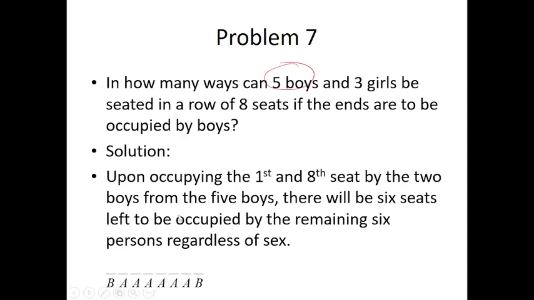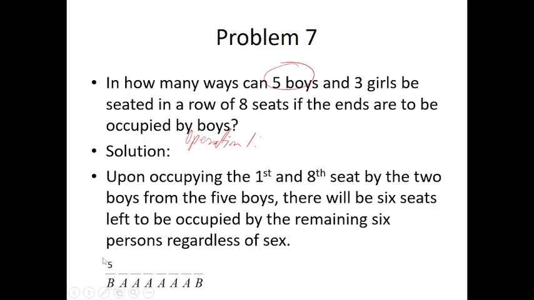Now, therefore, we start with the first seat. Since there are 5 boys all in all, and we are to perform operation number 1, selection of a boy to be placed at the first seat. So since we have 5 options, therefore there are 5 ways of performing operation number 1. The next step is to place a boy at the 8th seat.